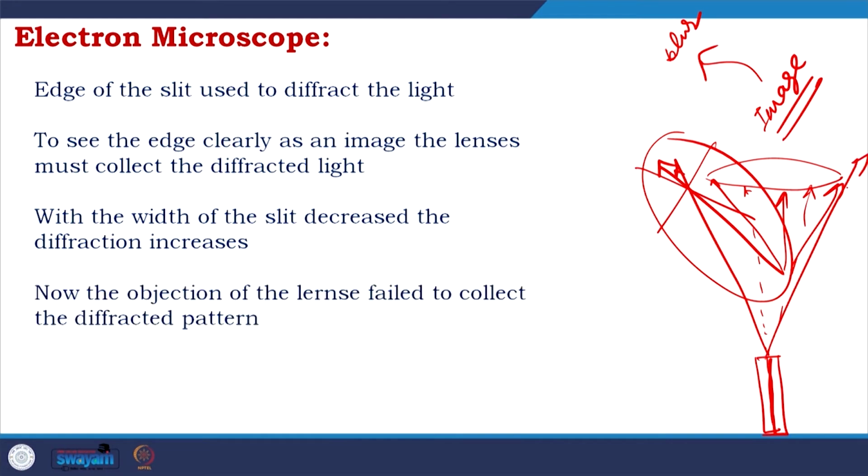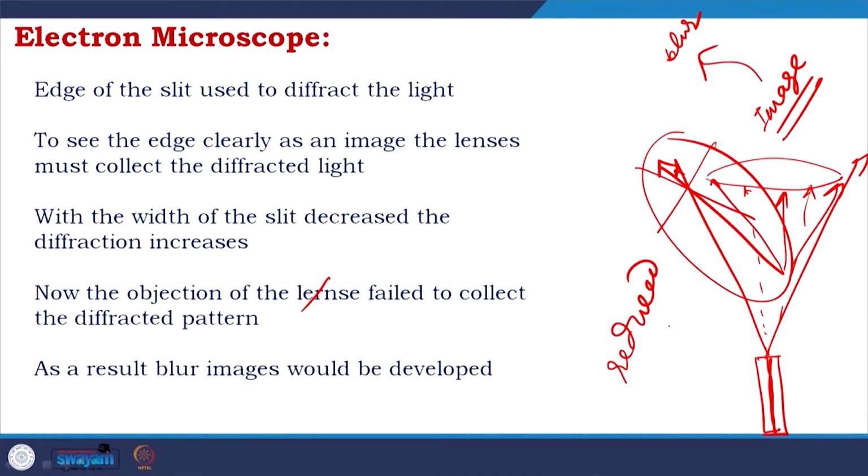Now the objective lens fails to collect the diffracted pattern. It cannot collect all the diffractions. As a result, blurred images would be developed. So, a sharp image is created when all the diffracted rays are collected by the lens.